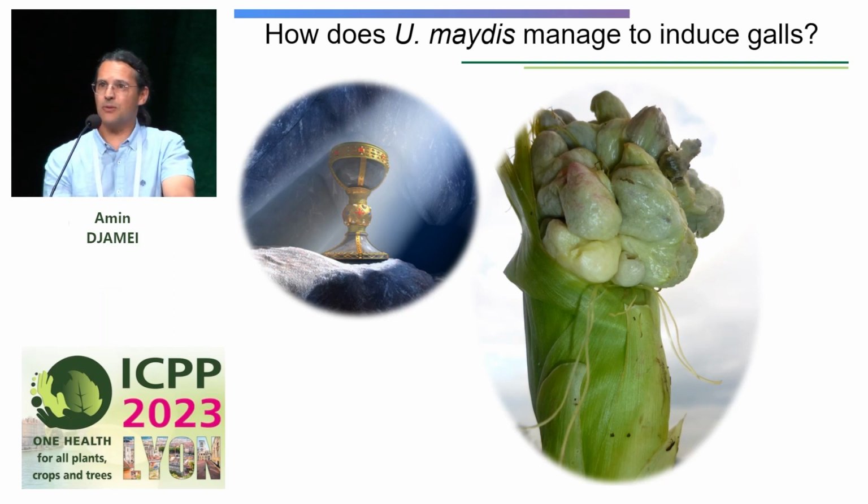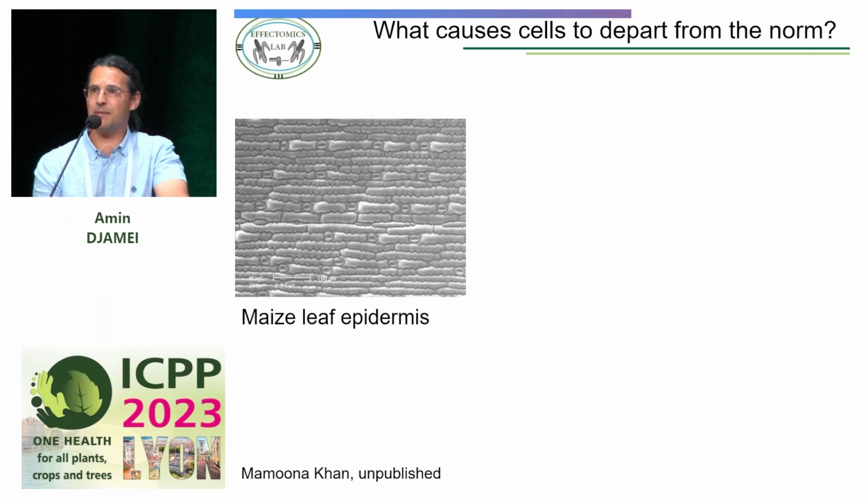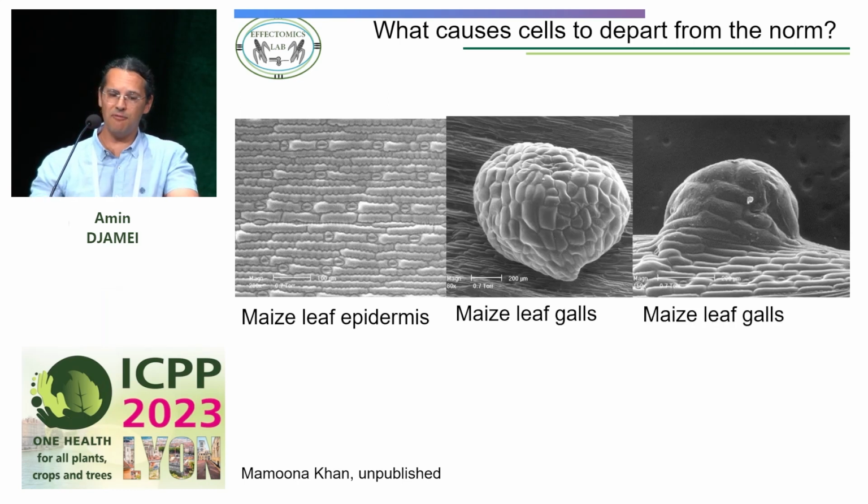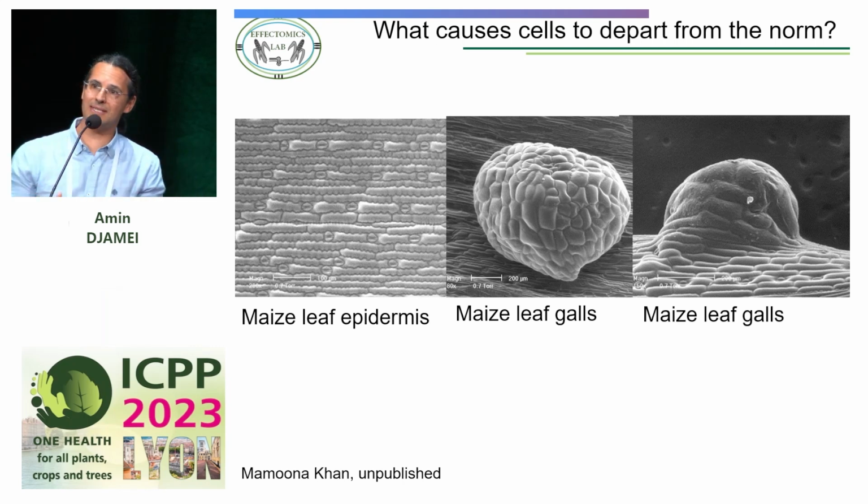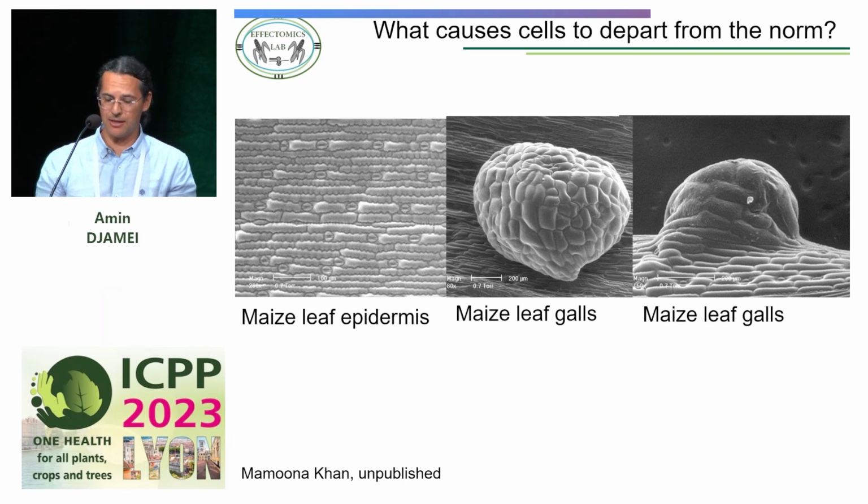And to answer this question, we went back to the principles and asked, what is one of the principal necessities to induce a gall? If you look at this surface of a maize leaf here by scanning electron micrograph, you see a nice pattern of pavement cells. If you then look at the galls, it's obvious this is also structured, but the cells look different. There had been cell division happening, there has been cell expansion happening.